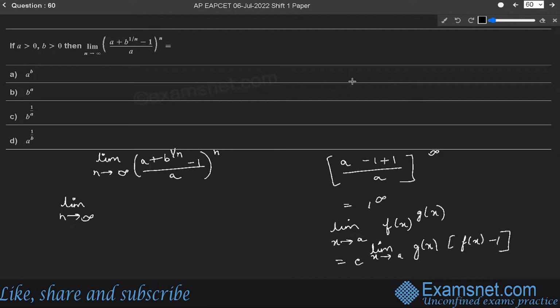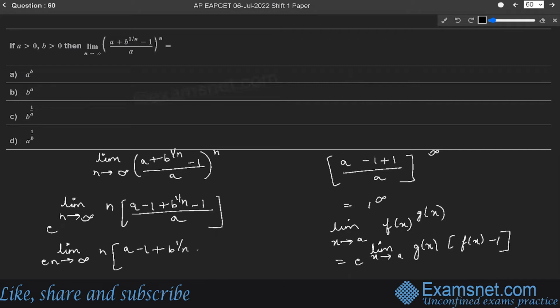So this term becomes e power limit n tends to infinity, n into ((a minus 1 plus b power 1 by n minus 1) divided by a). On further solving, it will be e power limit n tending to infinity, n into ((a minus 1 plus b power 1 by n minus a) divided by a). a and a will be cancelled.